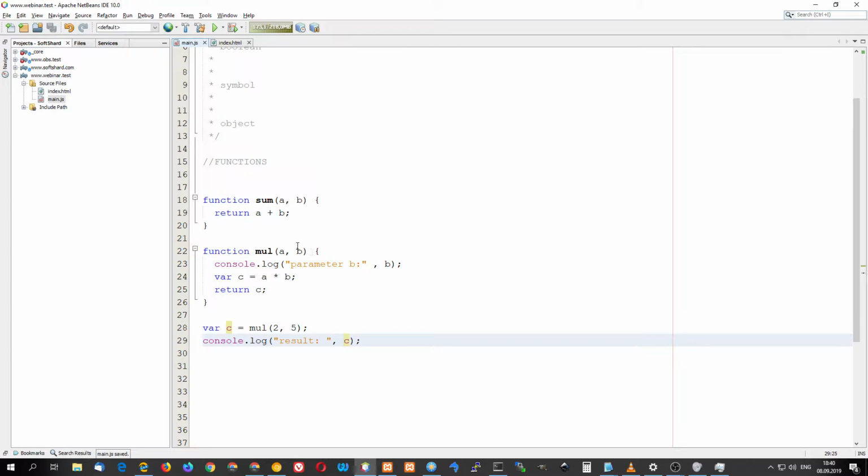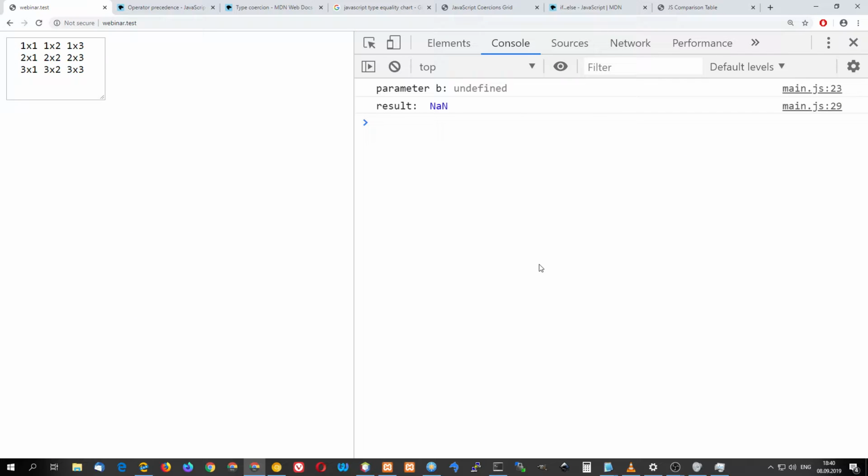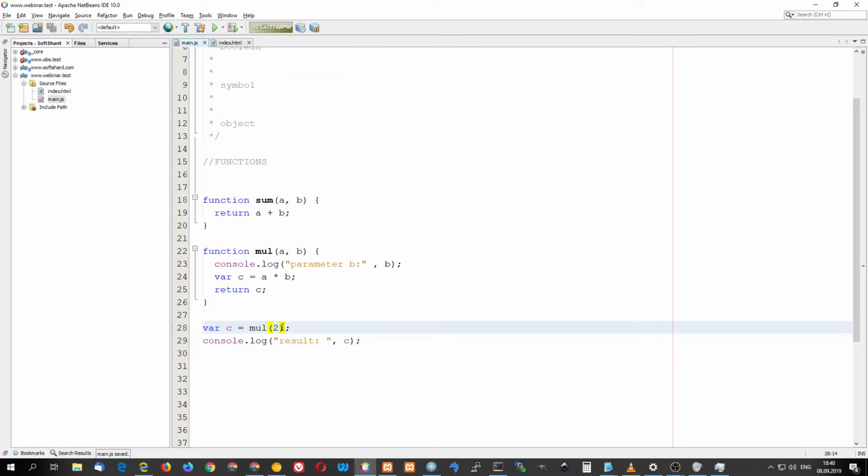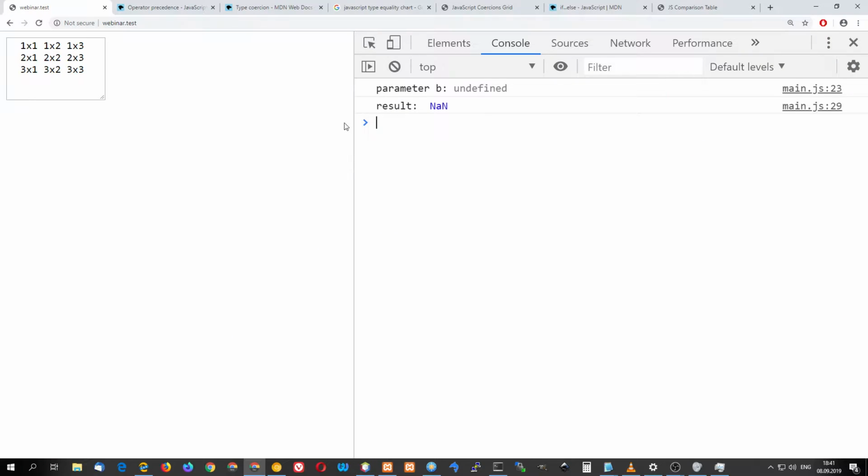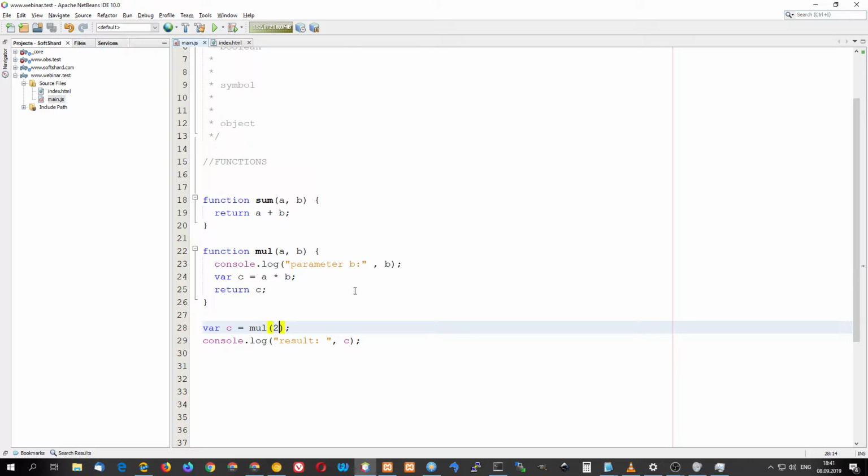So the parameter that goes into a function is 5. We have the result. If you omit the parameter, it becomes undefined on its own. Undefined times number is the special number, not a number.